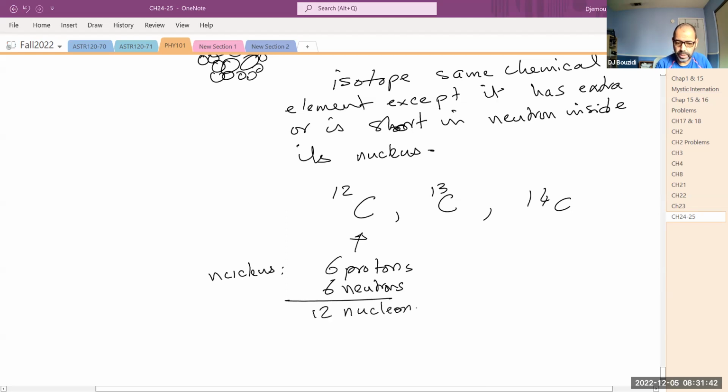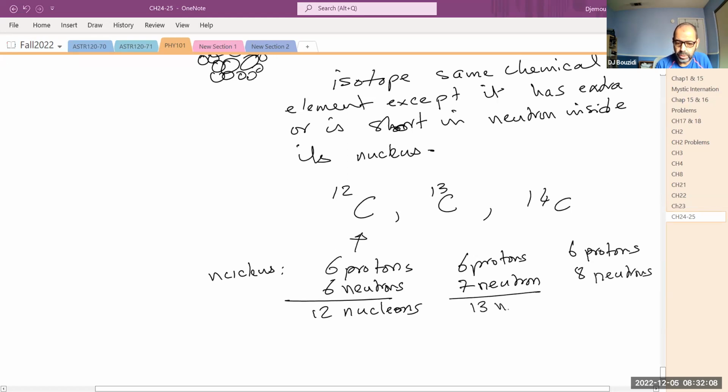So remember, a nucleon is proton and neutron. Carbon 13, on the other hand, still has 6 protons. As a matter of fact, they all have 6 protons. Where they differ is in the number of neutrons. In here, it has 7 neutrons. And in here, it has 8 neutrons.